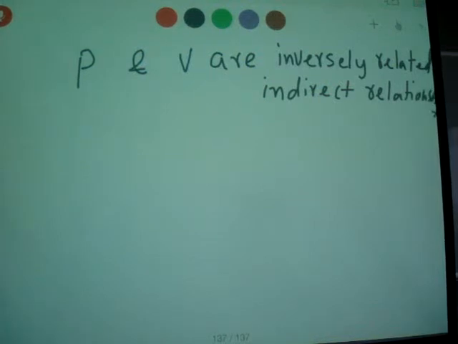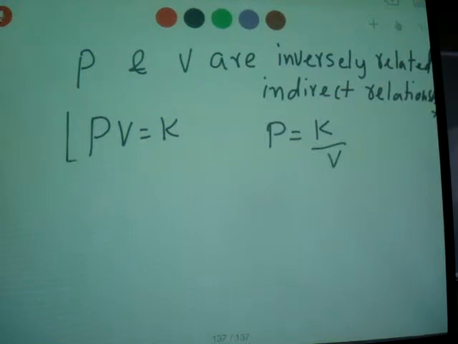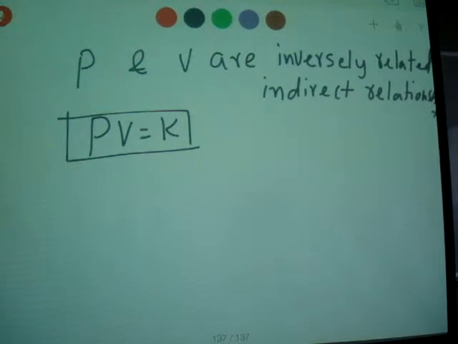And he defined it mathematically as P equals K over V, or PV equals K, where K is a constant, and temperature is also constant.